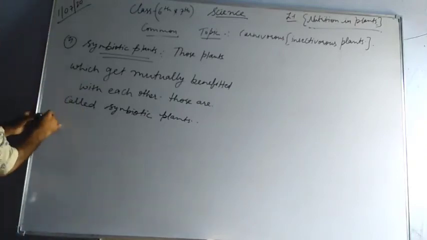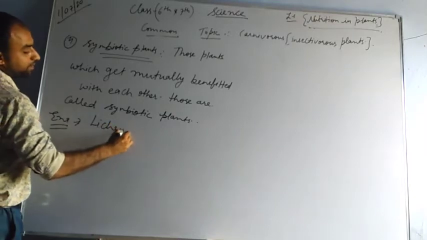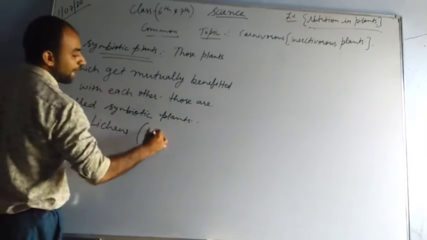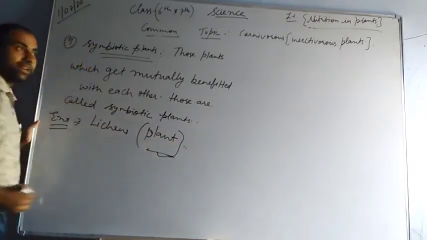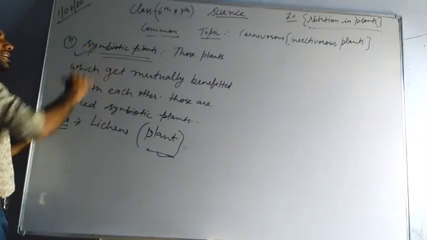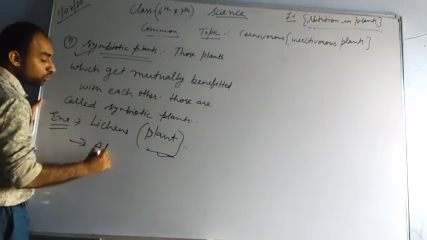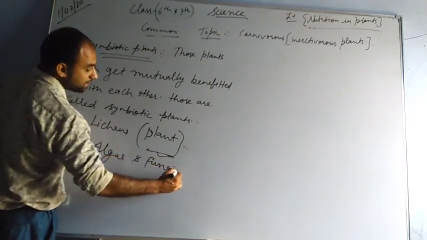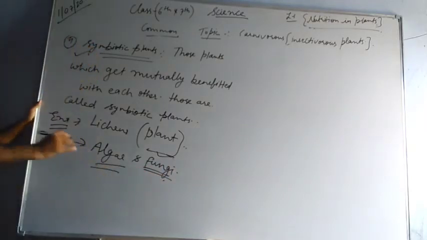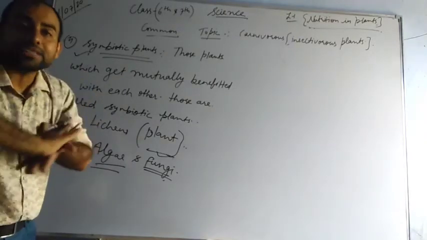For example, lichens. Lichen is the name of a category of plant, a special category of symbiotic plant. What happens in lichens? Two things are present: one is algae and the second is fungi. Algae and fungi are living on each other, both attached with each other.